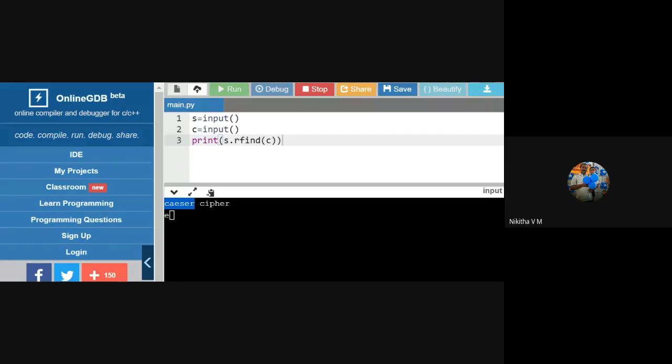Count the space also. 6, 7, 8, 9, 10 and 11. Space is also counted when you are giving it in the form of a string. That's the reason you are getting 11.